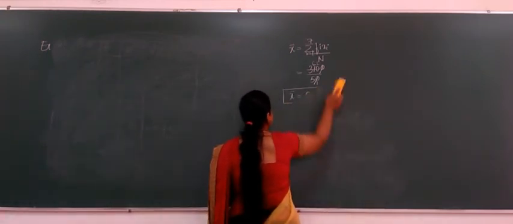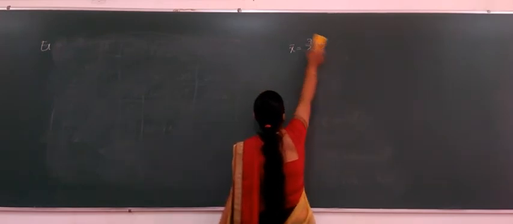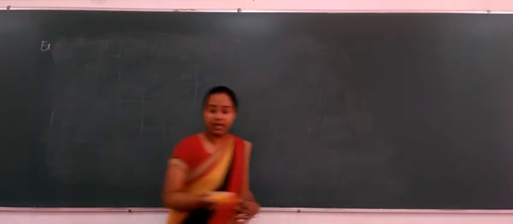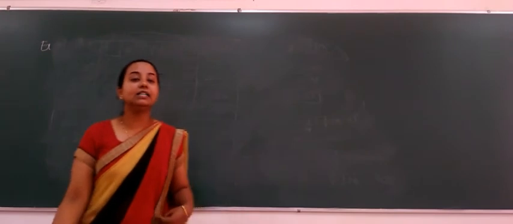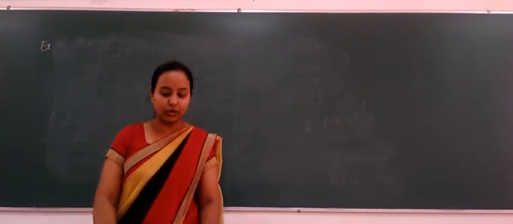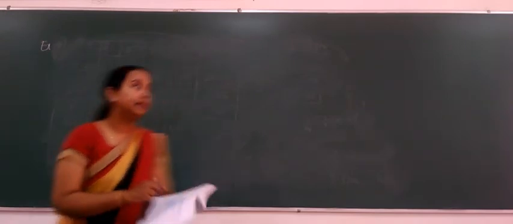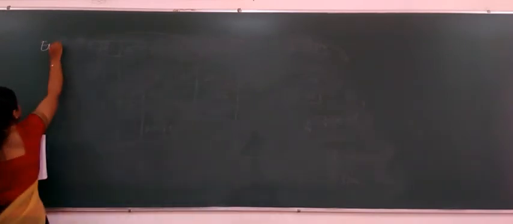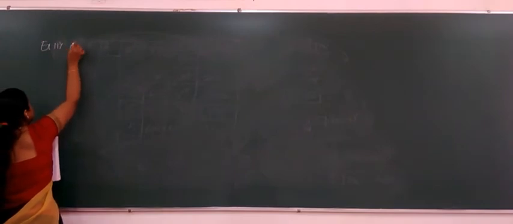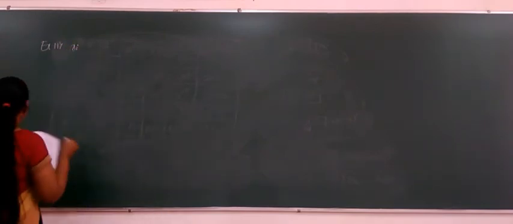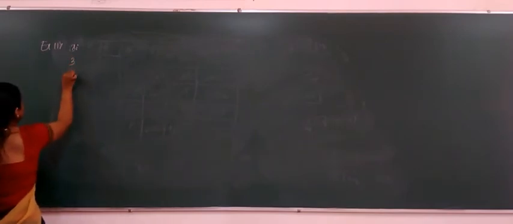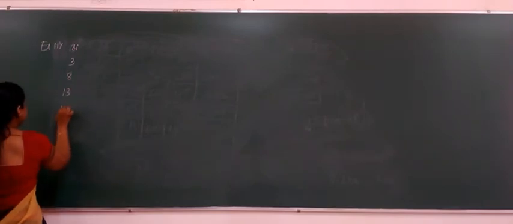In example 11, they have given us discrete data and asked us to find the standard deviation. I'll read out the question: find the standard deviation for the following data. The xi given are 3, 8, 13, 18 and 23.